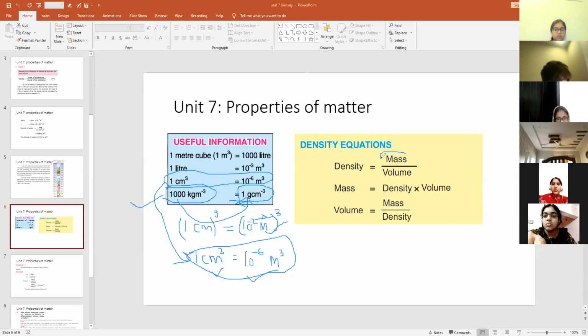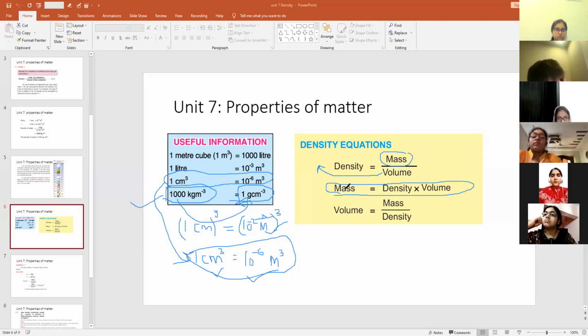If you want to calculate the mass, you move the volume to the other side. When you take the volume to the other side, it is multiplied with density, and you get mass is equal to density into volume. So in this way, you can calculate the mass of any substance. When density and volume are known to you, you can easily calculate the mass.